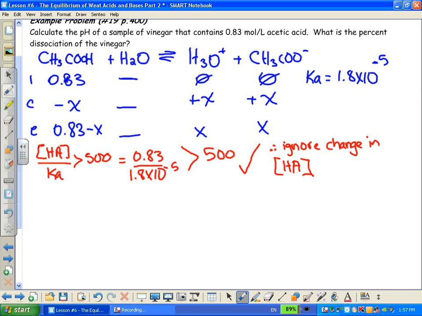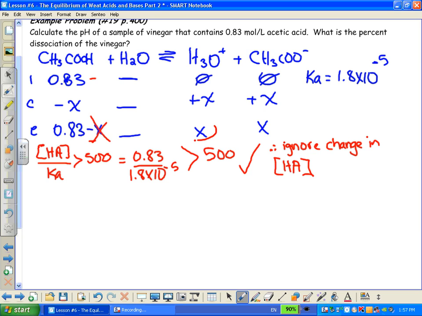The reason we can do that is because the change, whatever x is going to end up being, is so small that the difference between here and here is essentially the same. It's going to be so small, the change, that it has no effect on the equilibrium. So because we found out this is greater than 500, we can actually cancel this x out, and we don't need to use it when we plug it into our products over reactants equation.